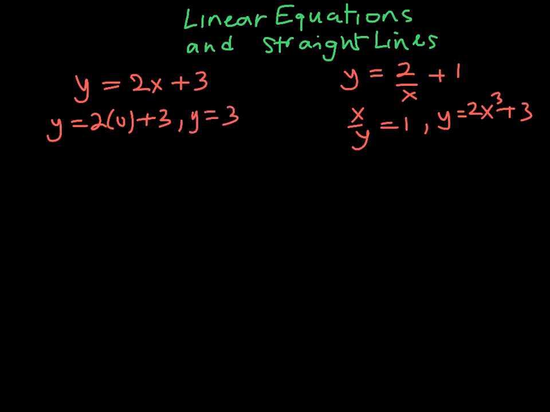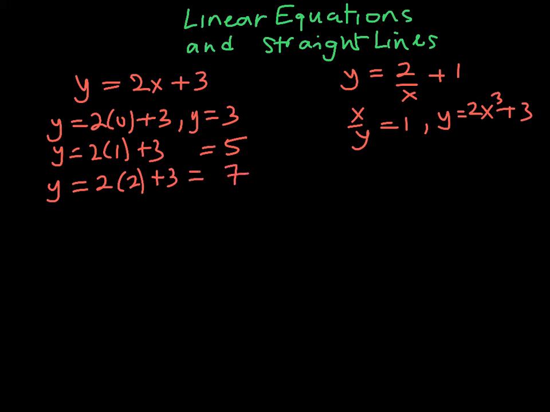What of when x is 1? y will be 2 into 1 plus 3, so that is 2 plus 3, so y will be equal to 5. What about when x is equal to 2? 2 times 2 is 4, 4 plus 3, so that is 7.